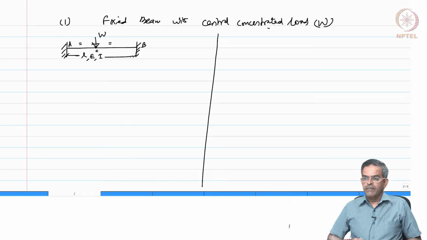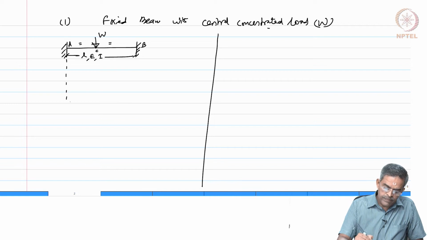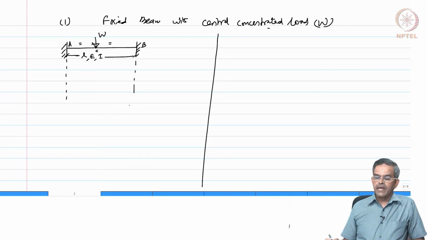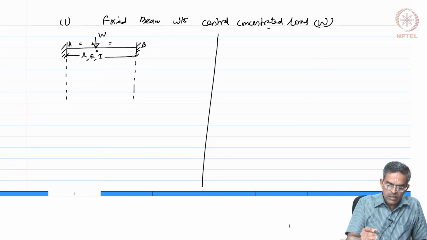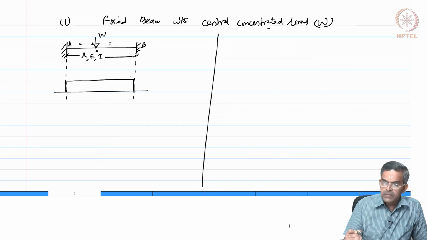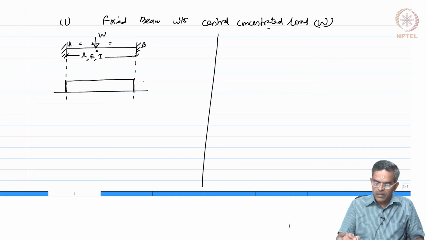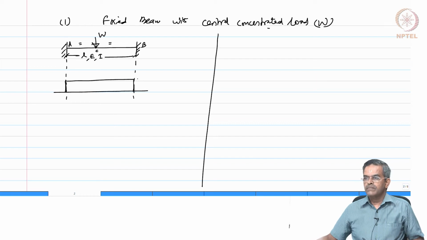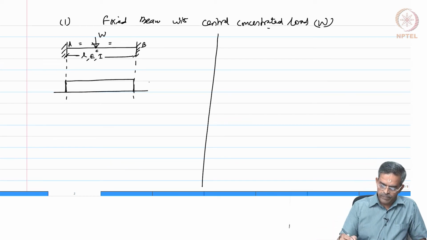So, as per the static theorem, we have first to draw the admissible bending moment diagram. So, how do we do that? For a fixed beam, we know if this is my baseline, there is a fixed moment which is equal to WL by 8.